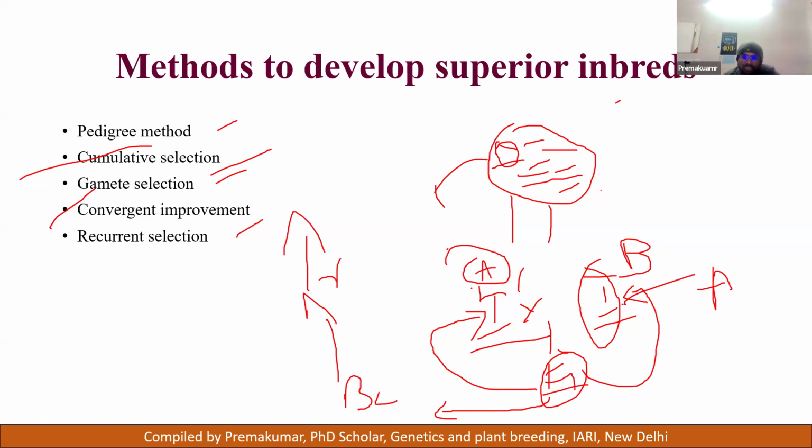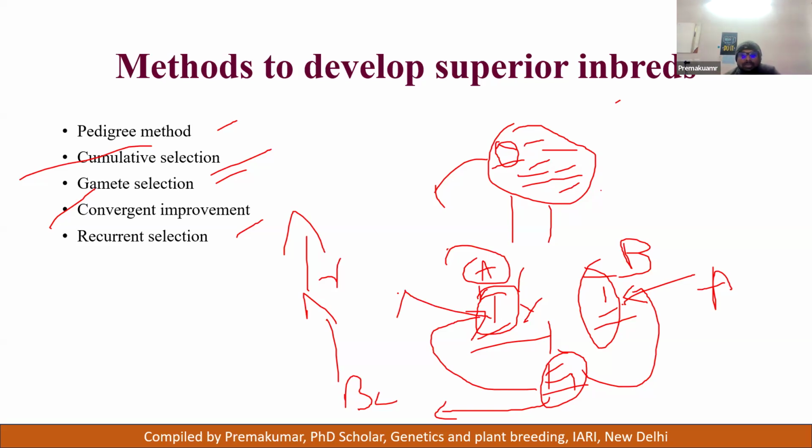It means you are taking two inbreds and crossing, and you get F1. Then you back cross to the original inbred line, so that the original nature of this inbred is not altered, but you are improving for some desirable trait. It's like the same back cross.